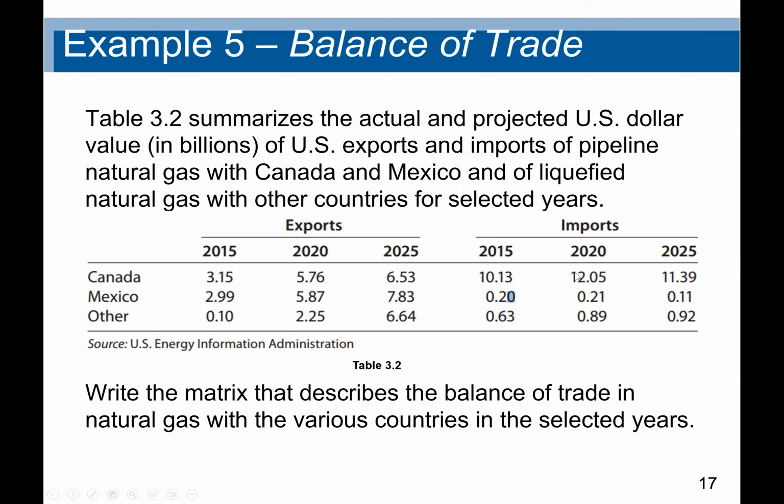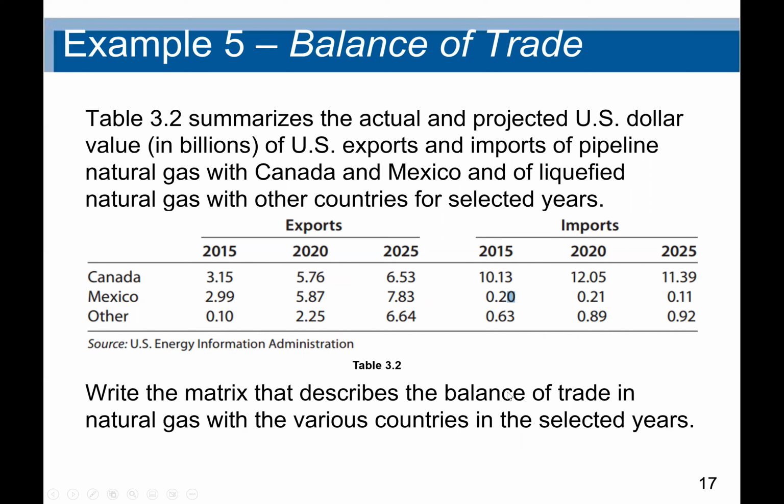Now we want to find out if these two countries and other have balanced trading. Table 3.2 summarizes the actual and projected US dollar values in billions of US export and import of pipeline natural gas with Canada and Mexico, and of liquefied natural gas with other countries for selected years.